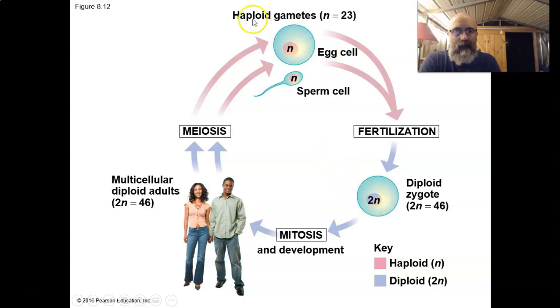So we go from haploid, or 1 copy of every chromosome. Right? So the egg cell has 23, the sperm cell has 23. When they fuse together and they combine, 23 plus 23, or N plus N equals 2N equals 46.